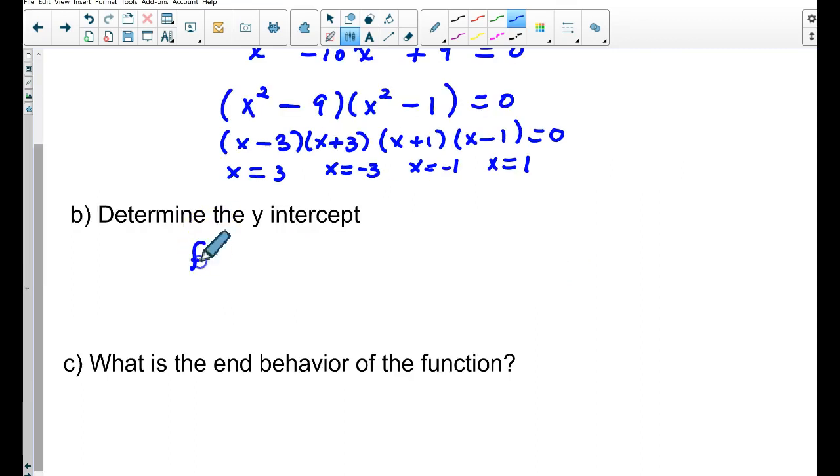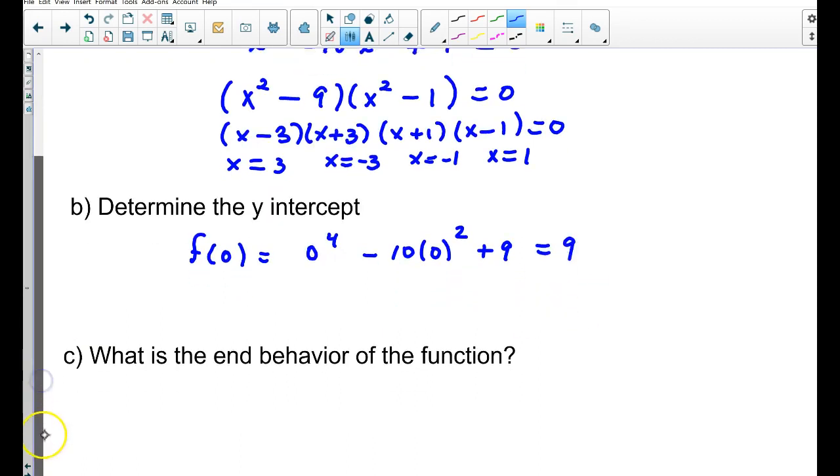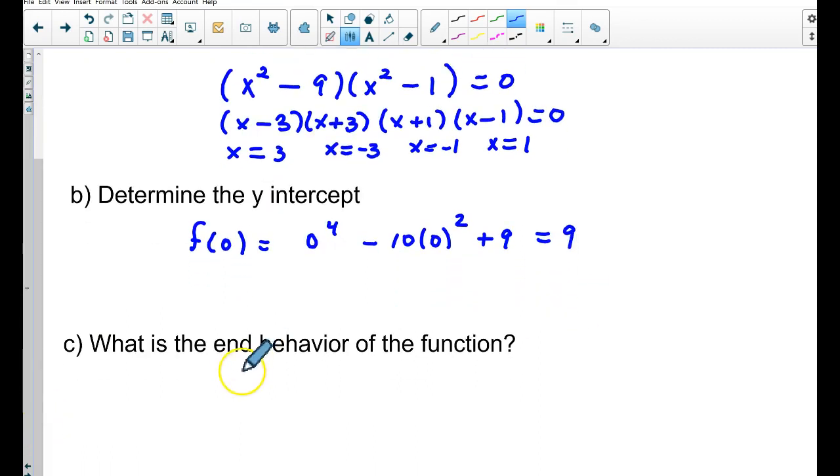To determine our y-intercept, we're going to set x equal to 0, and we get 0 to the 4th minus 10 times 0 squared plus 9, and that's equal to 9, so that's our y-intercept. The end behavior, since our degree is 4 and our leading coefficient is positive, we're rising to the right and rising to the left. And that's enough information for us to graph this.